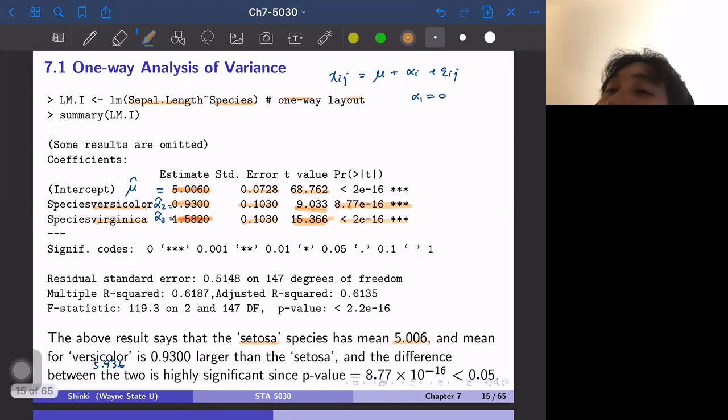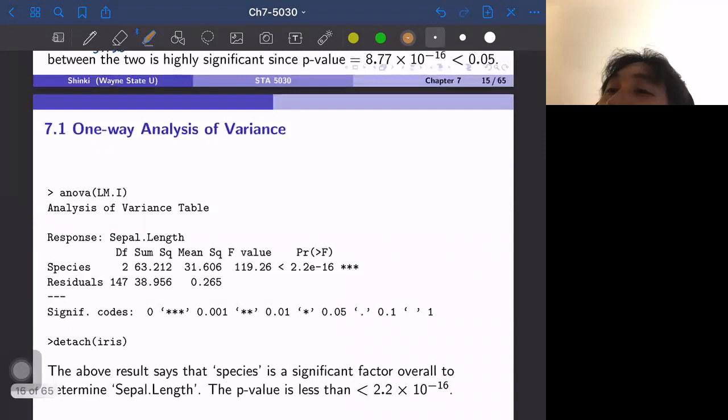And now we want to test if alpha_1 is equal to alpha_2 is equal to alpha_3. Maybe I have to clarify the 2 different models. So maybe we put a tilde. So x_ij is equal to alpha_i tilde plus epsilon_ij.